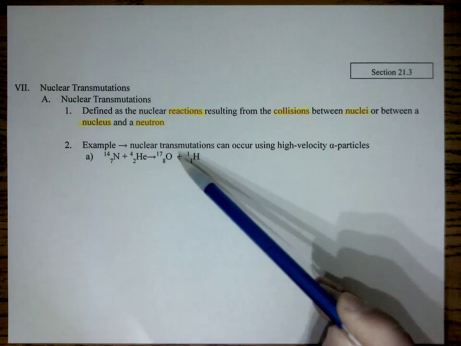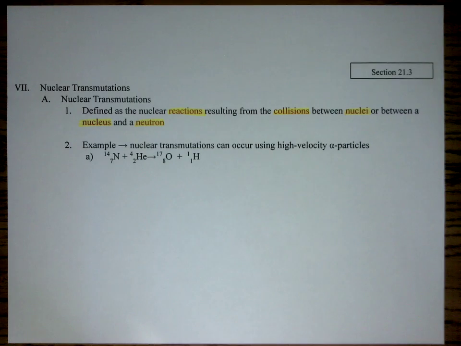As a result, it produces this isotope of oxygen along with a hydrogen nucleus. Bottom line up front, you're smushing two things together and getting a product. Think of a car wreck, where you're smashing those cars together, and the end result is what you get on the right-hand side.